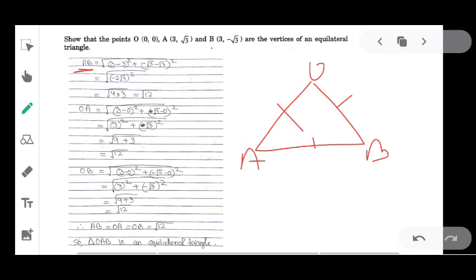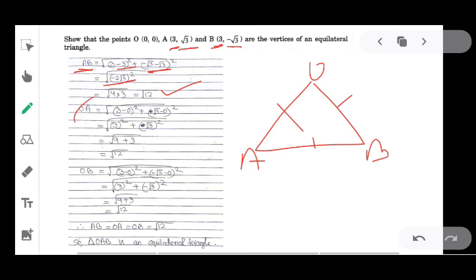Okay, so find out the value of AB. So B is 3 here, 3 minus 3, so 3 minus 3, then root 3 minus (minus root 3), so (minus 2 root 3) whole square. Okay, so this is 0, and minus root 3 minus root 3, that is minus 2 root 3, so root over of (minus 2 root 3) whole square, so minus 2 into minus 2 is 4, and root 3 into root 3 is 3, so 4 into 3, that is root over 12.